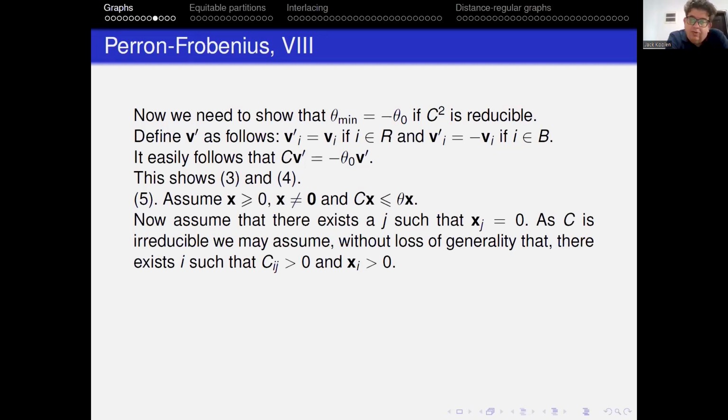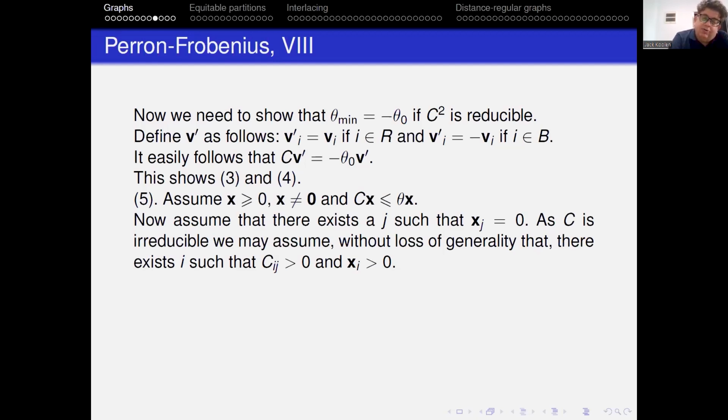So now we assume there exists a coordinate where xk is 0. Then, because C is irreducible, we may assume without loss of generality that there exists an i such that Cij is greater than 0 and xi is greater than 0.